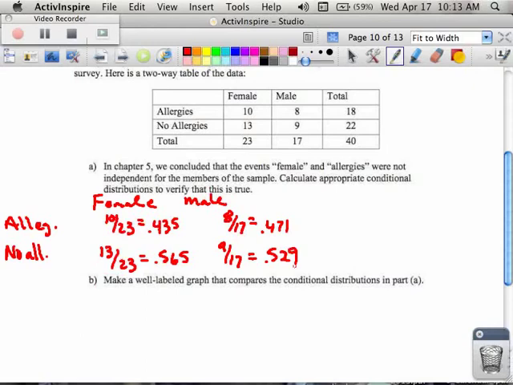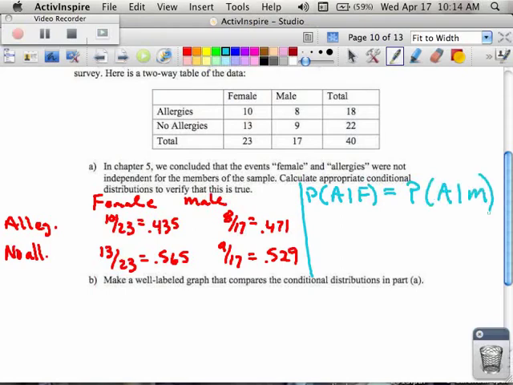And so we're supposed to verify if this is true. What we're asking is really, is the probability that you have allergies given that you're female equal to the probability that you have allergies given that you're male?